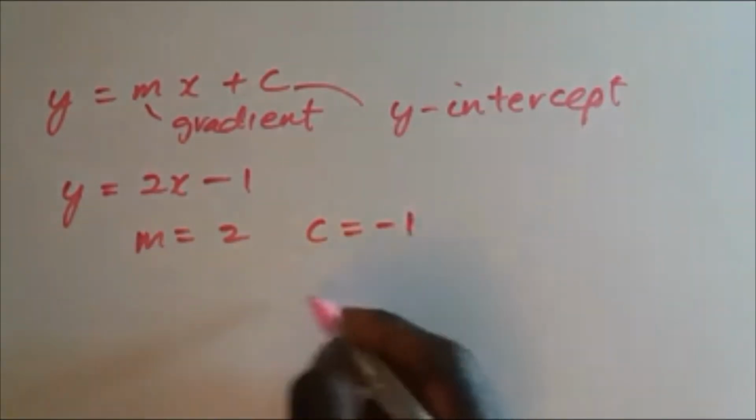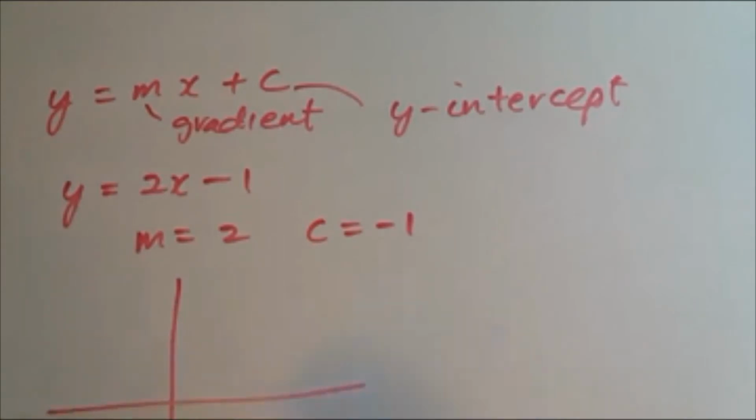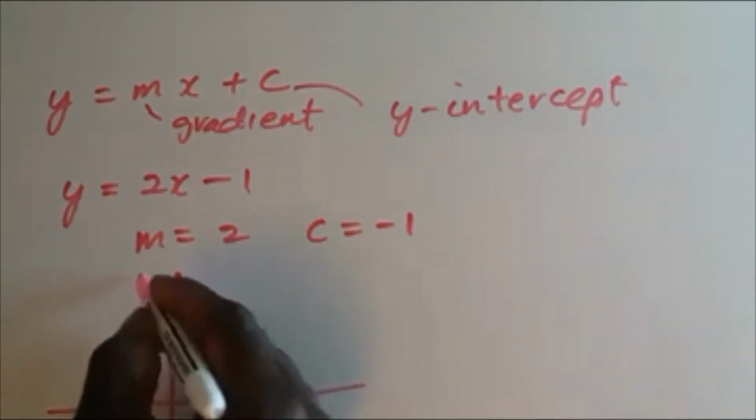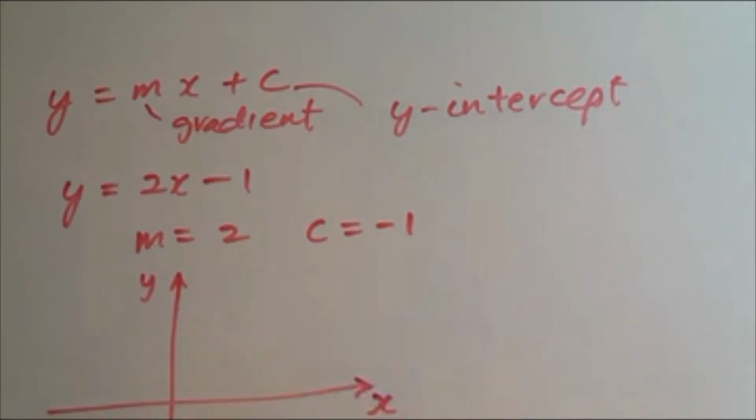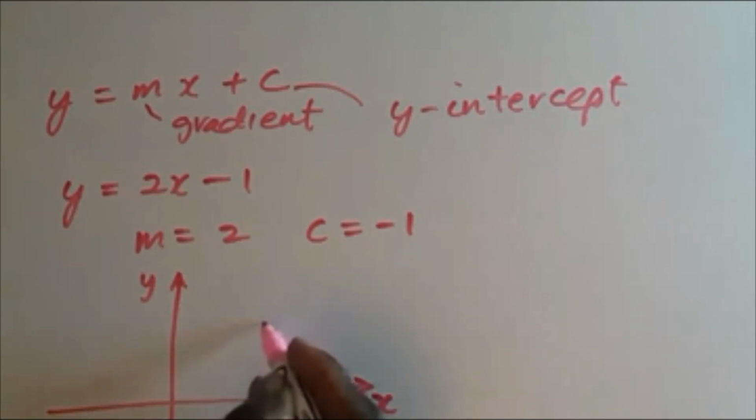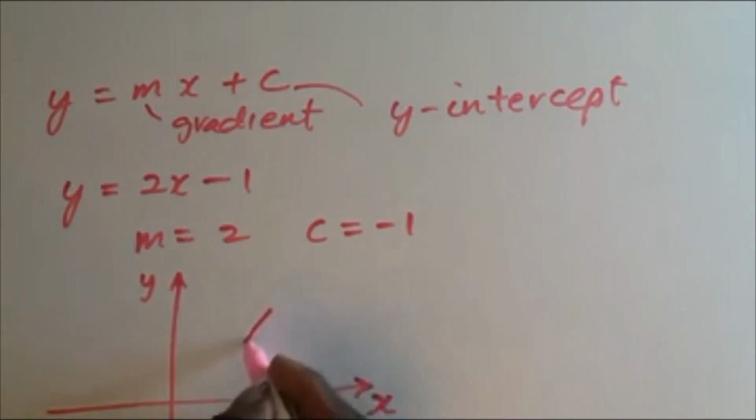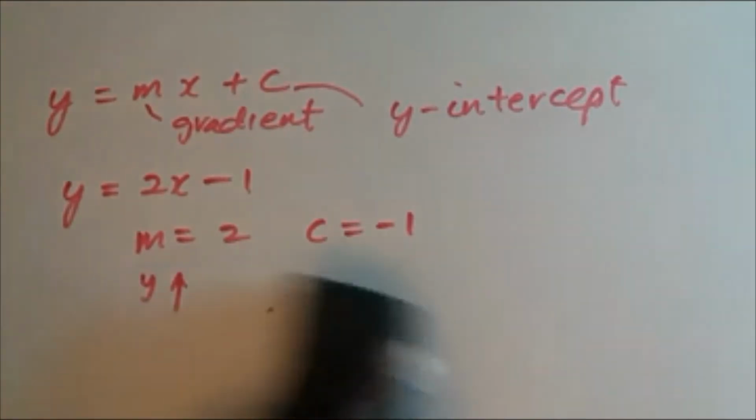So on the graph, we know this is the y-axis, this is the x-axis. We know our gradient is 2. That's the slope of the line. And the y-intercept is -1. It's a positive gradient, so this is an illustration of what the graph would look like.